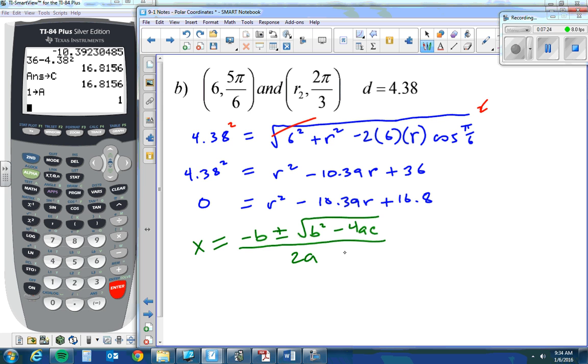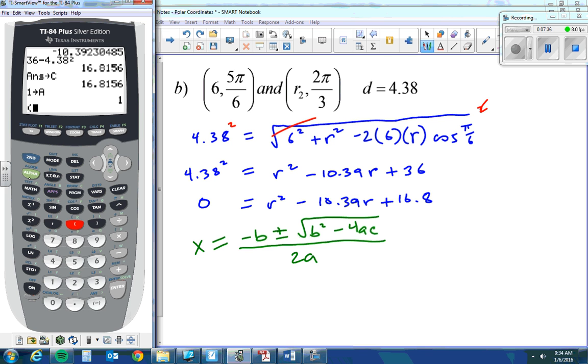Okay? Now, by the way, this is A, A is 1, B is this, C is that. We already have those typed in the calculator, so I'm going to actually type in the formula. You have to type the numerator first, so the opposite of, open parentheses, opposite of B. I'll do the plus. It's really 2 formulas in 1. I'll do the one with the plus there.